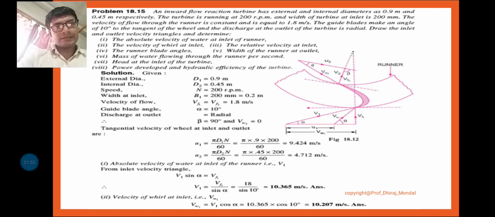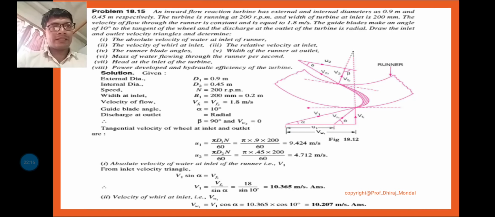The turbine is running at 200 rpm and the width of the turbine at inlet is equal to 200 mm. The velocity of flow through the runner is constant and is equal to 1.8 meter per second.